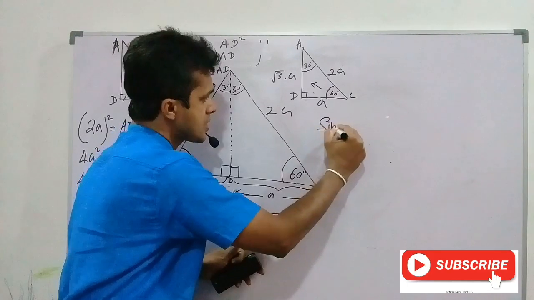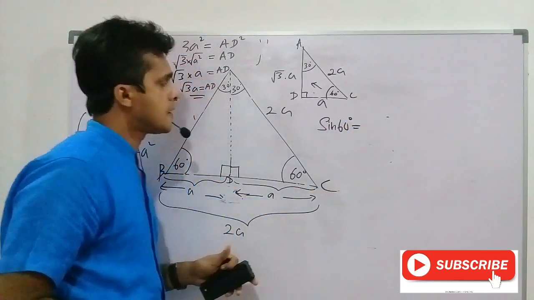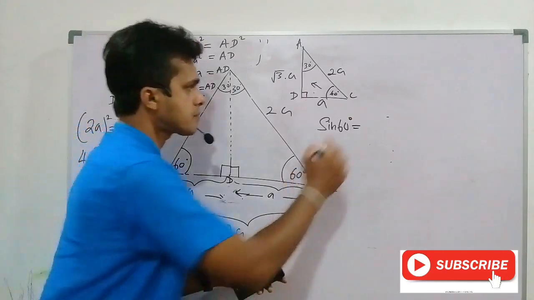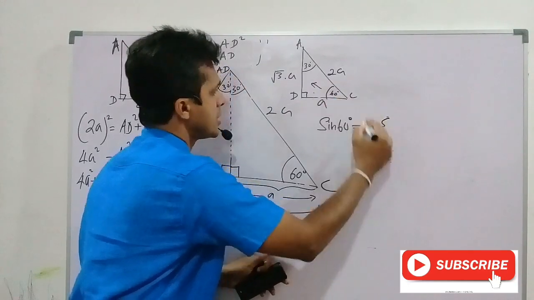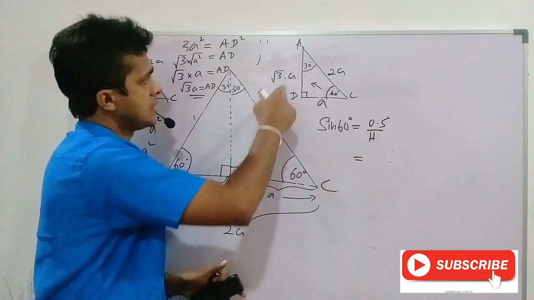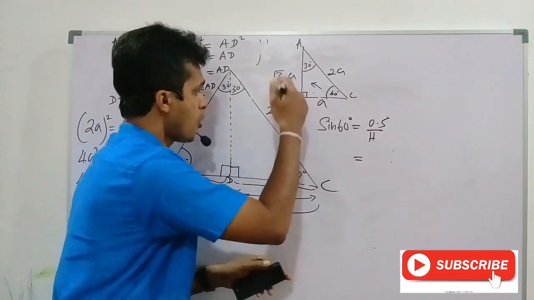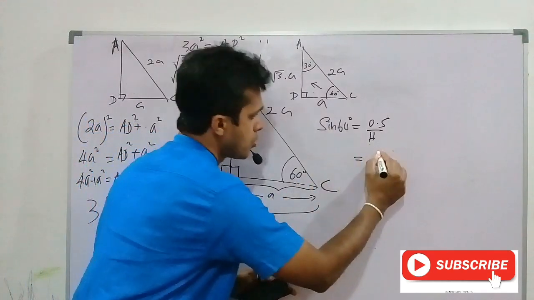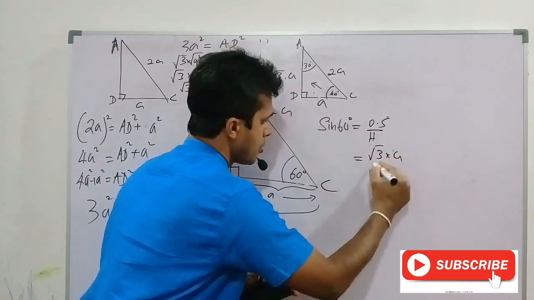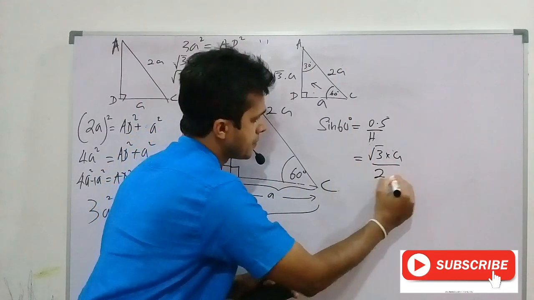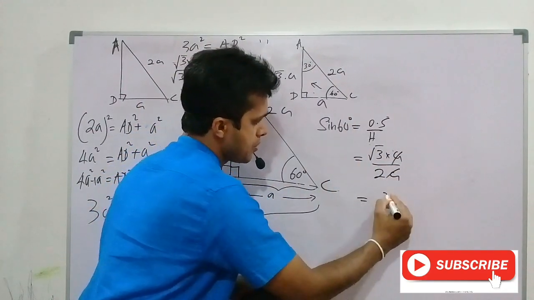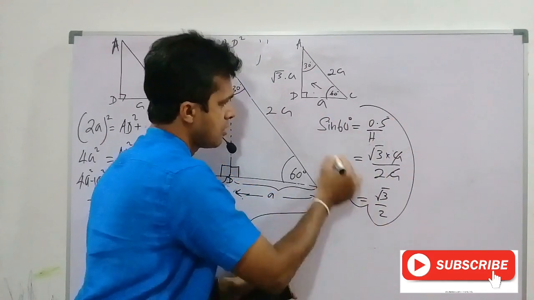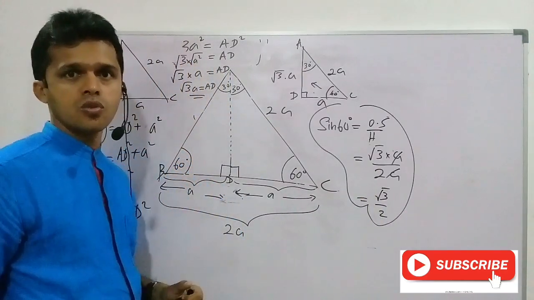Sine 60 degrees equals OS over H. OS is AD, the value of OS is root 3a. Root 3a over H, which equals 2a. Now a and a can be simplified. Therefore, sine 60 equals root 3 over 2.